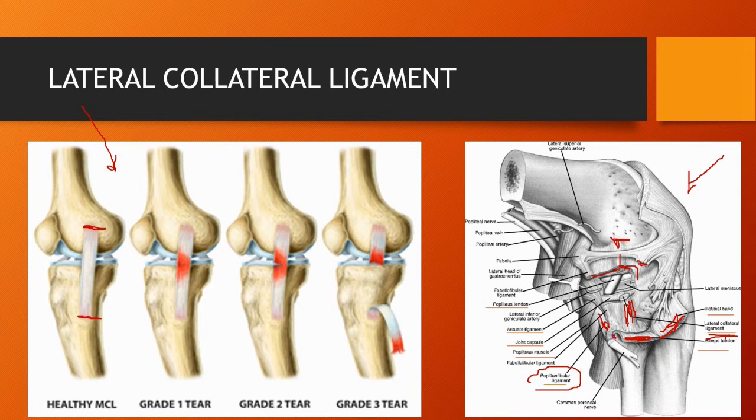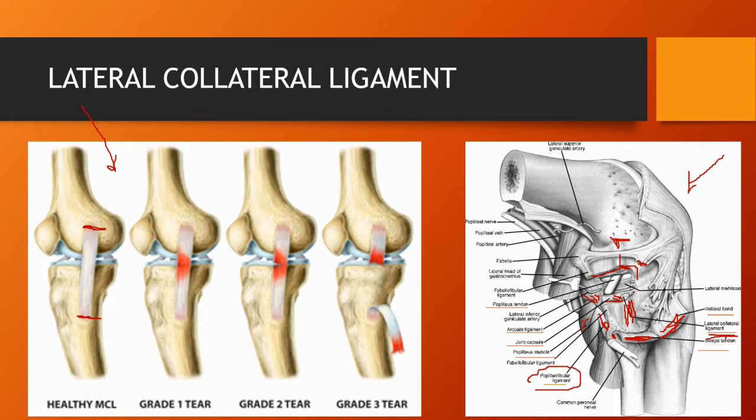Then we have the popliteus muscle, which is depicted here. We have the inner aspect of the joint capsule, posterolateral joint capsule, depicted deep to the lateral collateral ligament. We have the arcuate ligament depicted here, providing restraint, especially posteriorly and posterolaterally in the posterior aspect of the knee.